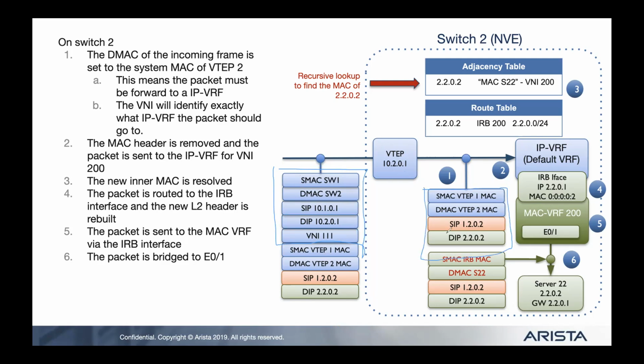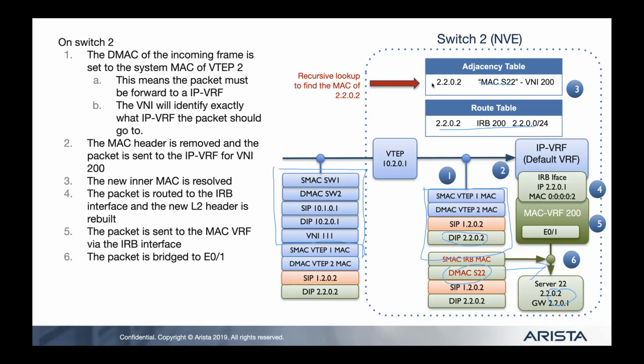Now here again we check the destination IP. It is directly connected through SVI 200, so it will route the packet into SVI 200. The source MAC is that SVI MAC, and the destination MAC is based on the ARP table, that is, the MAC of the server, and the packet is forwarded out.